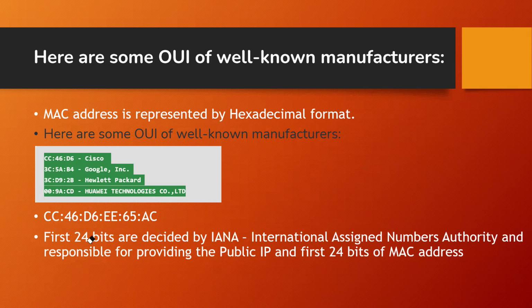Cisco will use something like CC, 46, D6, and Google is 3C, 5A, B4, like this. This is unique for that company. It is assigned by IANA, the Internet Assigned Numbers Authority, and it is responsible for providing these numbers.